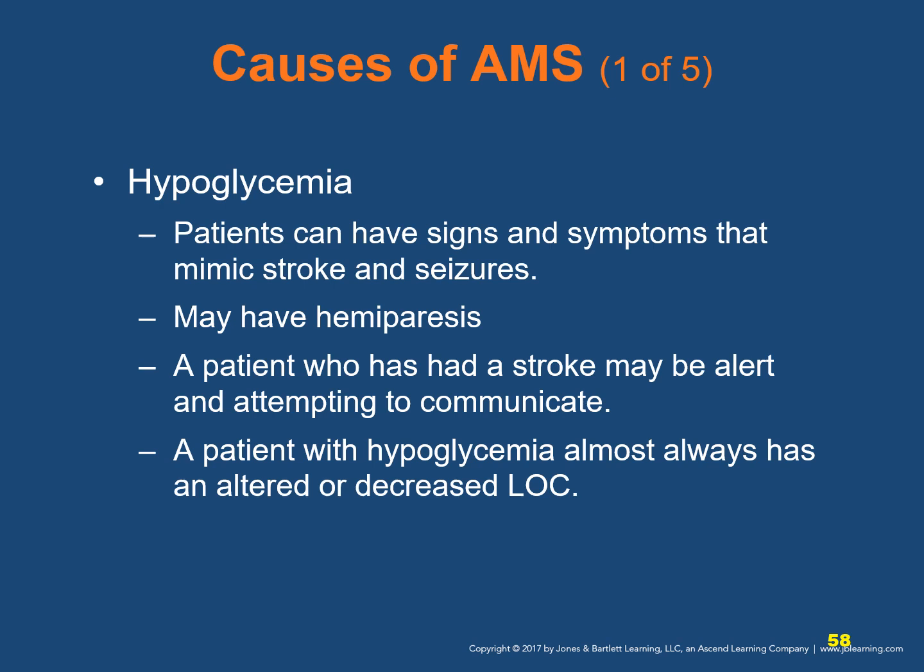The principal difference is that a patient who has had a stroke may be alert and attempting to communicate normally, whereas a patient with hypoglycemia almost never is able to communicate normally and almost always has an altered or decreased level of consciousness.